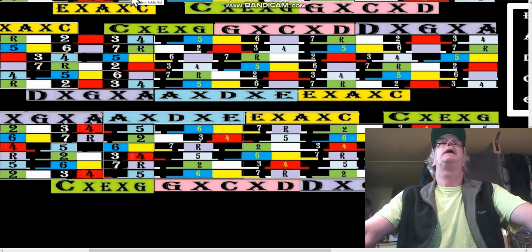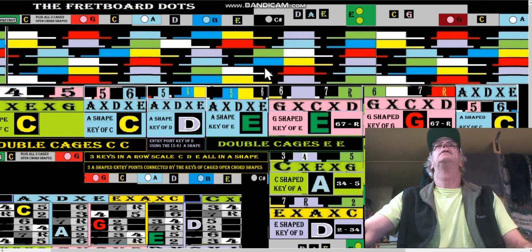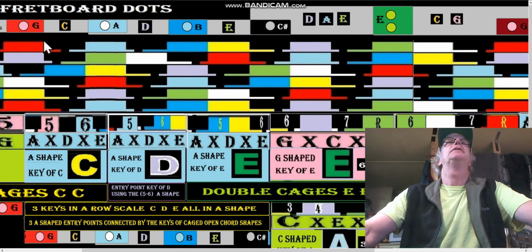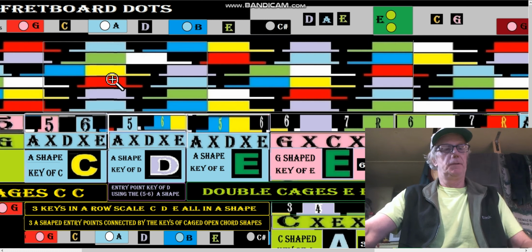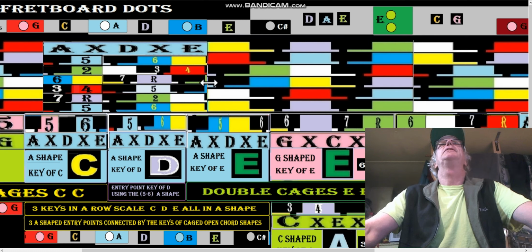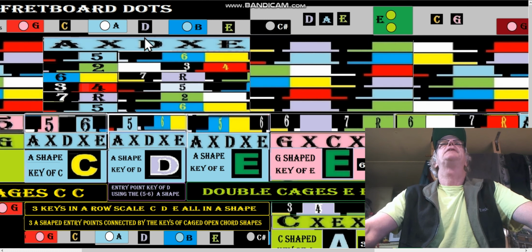Okay, so we'll go back to the chart we were just on, and now we're going to outline that D box again. We'll put it right there. Obviously we have to stretch this out a little bit to fit here.